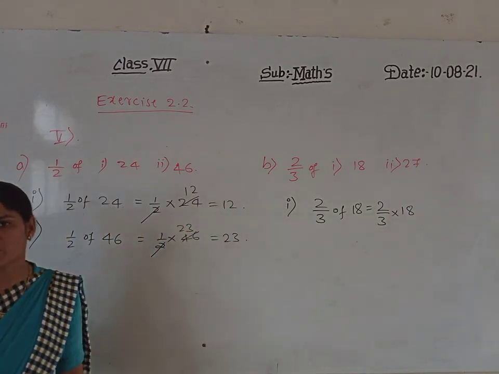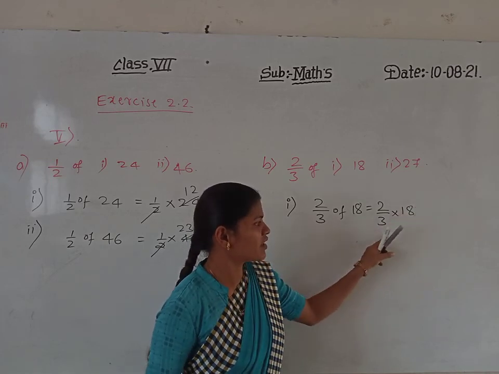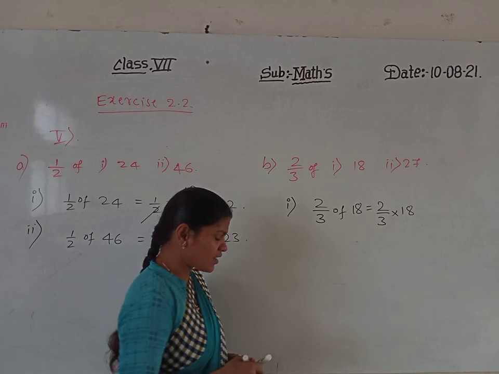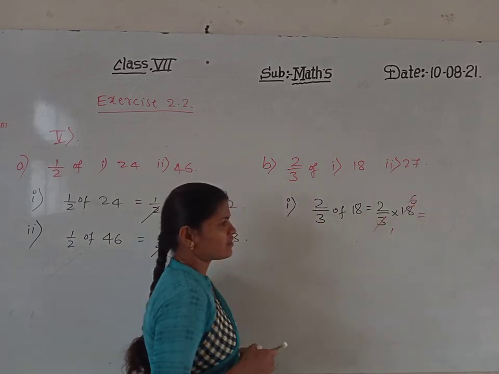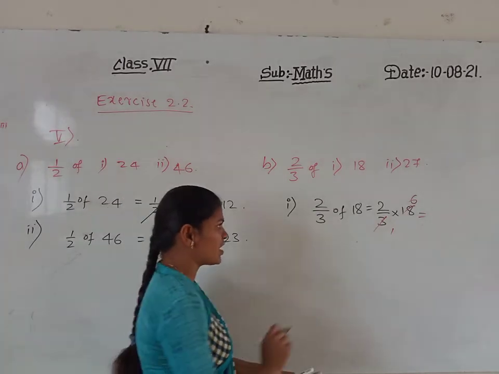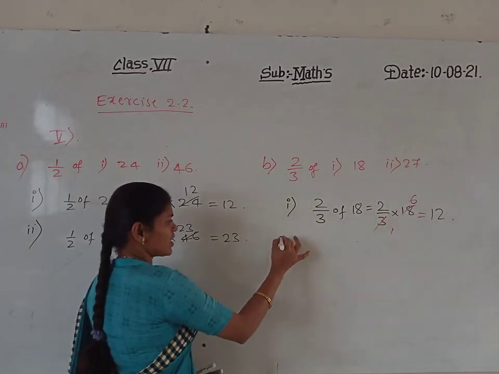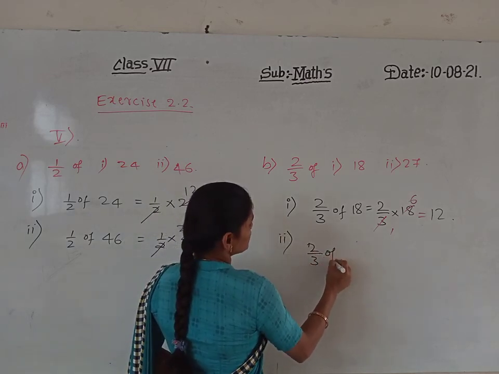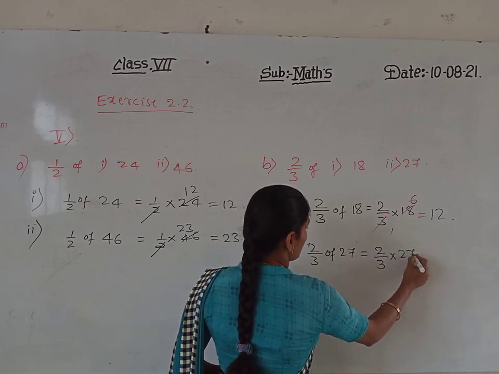Is there any common factor here? In these two there is no common factor, but here 3 is a common factor. 3 6s are 18. So the answer is 2 into 6, how much are you getting? 12.